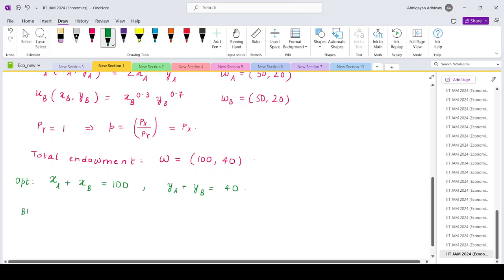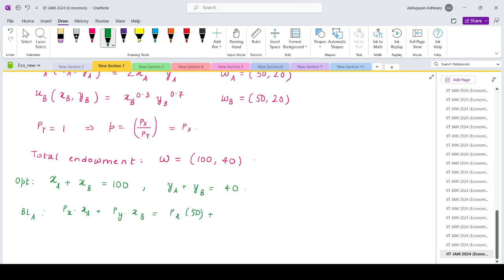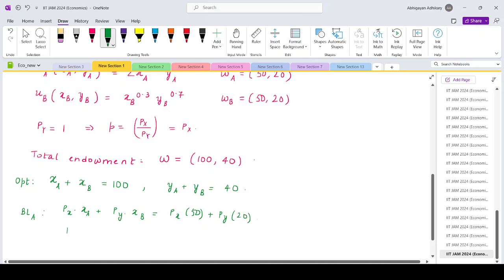Now we need to define the budget line of individual A. So that will be Px into Xa plus Py into Ya is equal to Px into 50 plus Py into 20. So Py is 1, so Px into Xa plus Ya is equal to 50 Px plus 20.